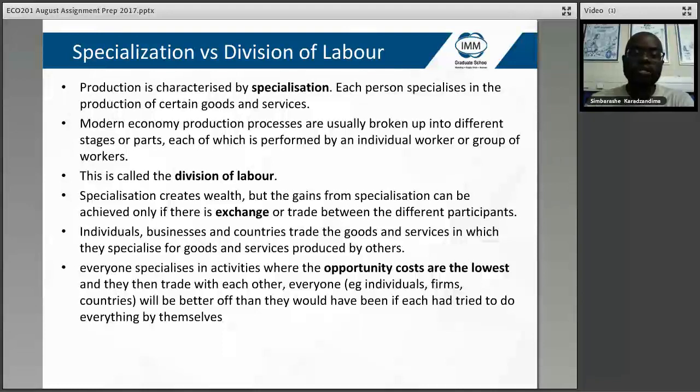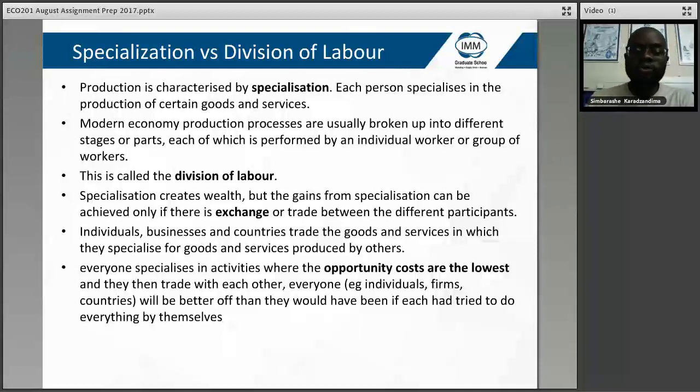When you now look at specialization, as people work more and more on the same stage or on the same part, they become specialists in those parts, which is what allows countries to be able to trade, because countries or companies can specialize in the production of a certain good, which they become very efficient in. Then they focus on that good.